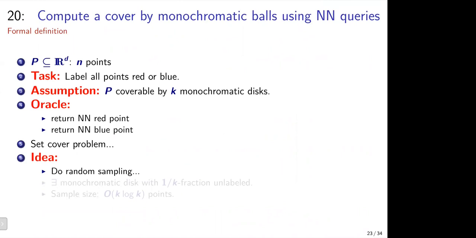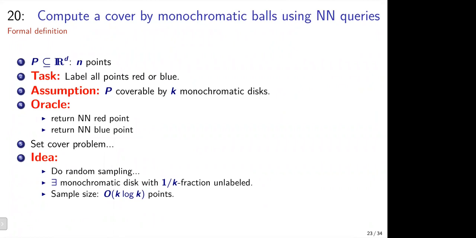And if you want to do set cover, then you should do random sampling if you want a fast algorithm, because that's kind of the only thing we have. So we sample the points. And the idea is that you want to find a disk in the sample that is monochromatic, right? All the points in the sample inside it are of the same color, and the disk is heavy. It contains a lot of sample points.